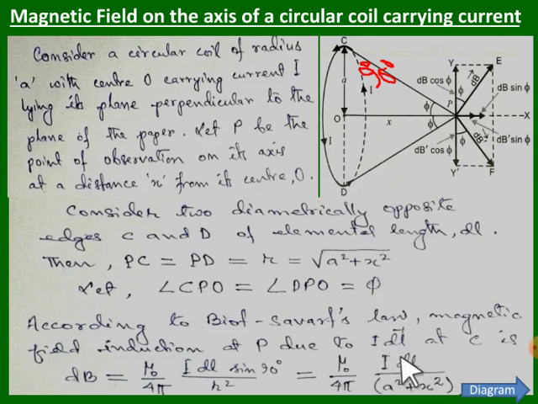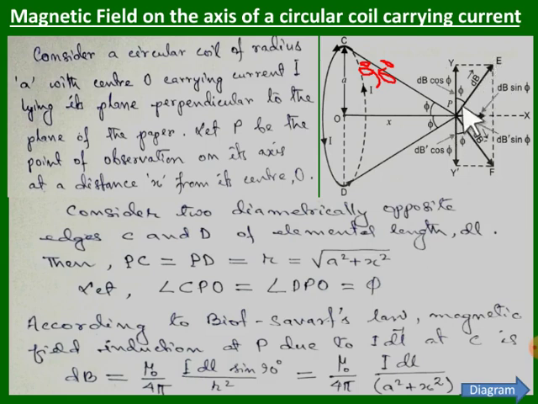For this magnetic field dB, by applying your right hand rule, or the cross product of the two vectors IL and r, the direction of the magnetic field due to this elemental current carrying conductor at the point C will be pointing along this PE.